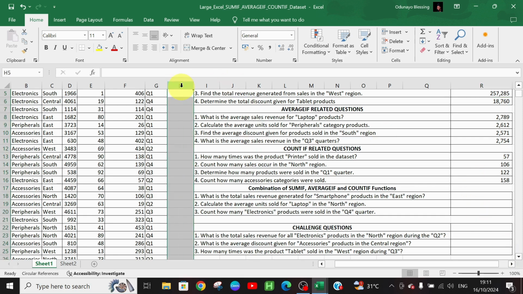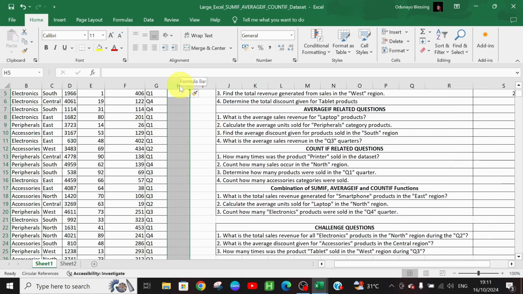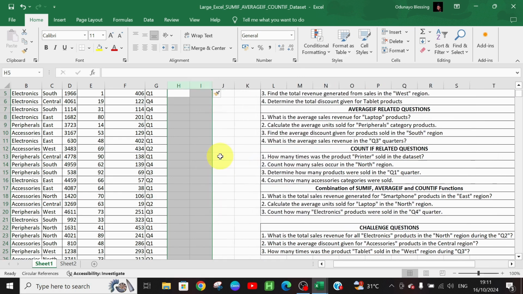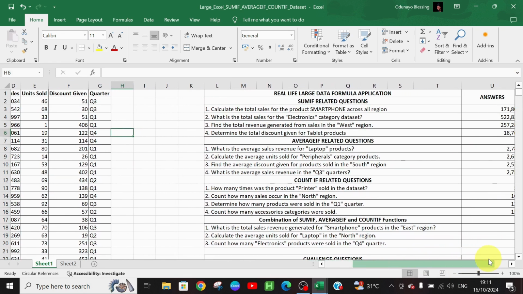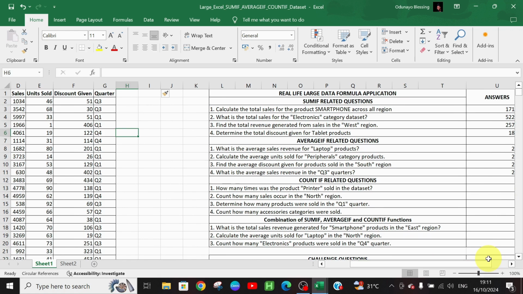So in order for us to solve that question, you will need to create a new column. Now look at the way I'm creating a new column. I just click on insert. It's inserting 2. If I want to create 3, it's going to insert 3, but I'm okay for now. So for the first one, the question is for the combination of SUMIF, AVERAGEIF and COUNTIF.